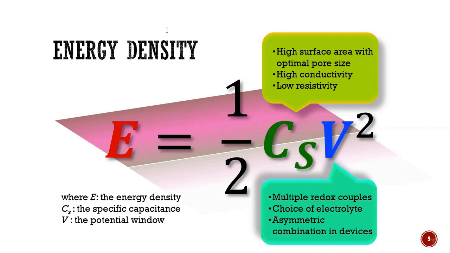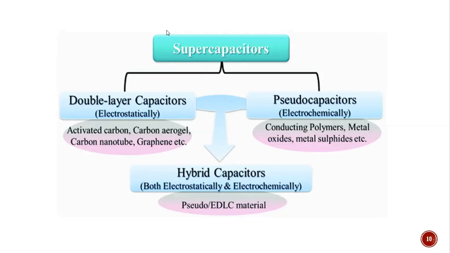The other option is that we can increase the potential window by using multiple redox couples, by choosing the electrolyte, or by choosing the type of device, like a symmetric device or hybrid device.